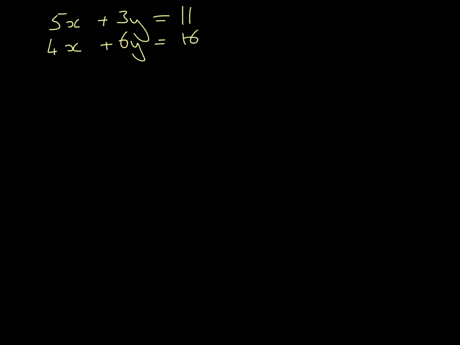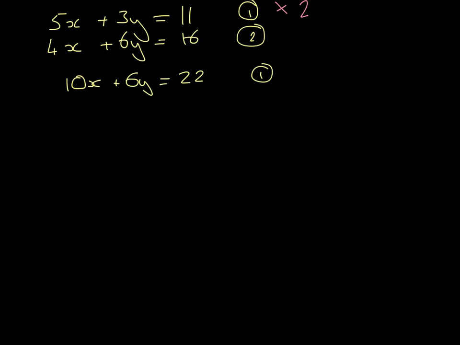In this case, I'm going to multiply my equation 1 by 2. I want 2 lots of equation 1. And that will give me 10x plus 6y equals 22. So that's my new equation 1.